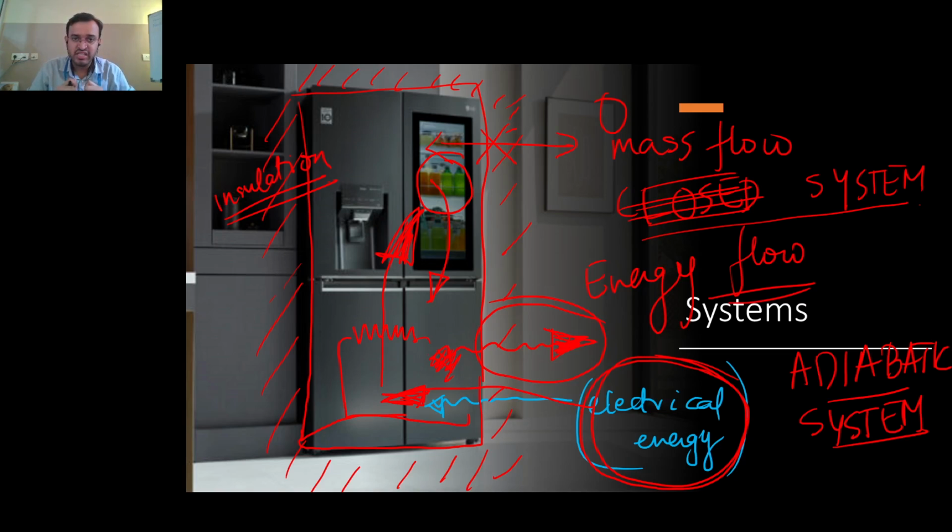In an isolated system, there is no energy flow across the boundary. In an adiabatic system, there is no heat flow across the boundary. Please understand this really important distinction. In an adiabatic system, there is no heat flow across the boundary. In an isolated system, there is no energy flow across the boundary.